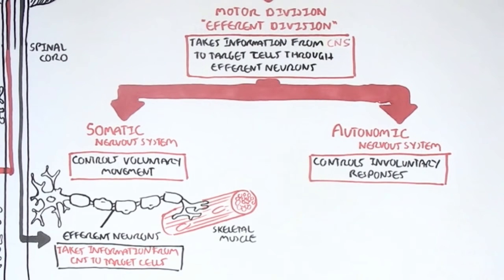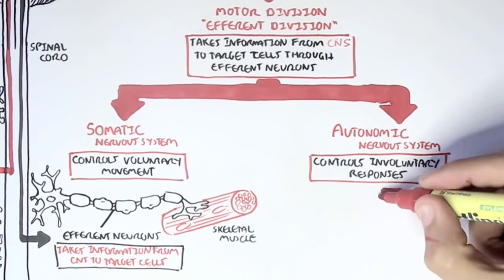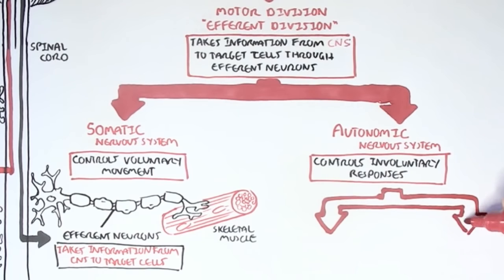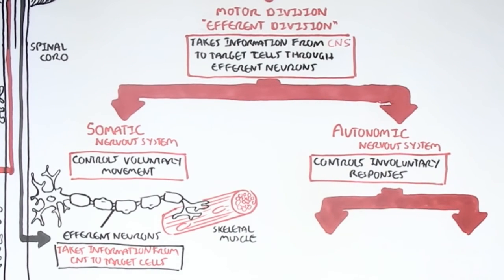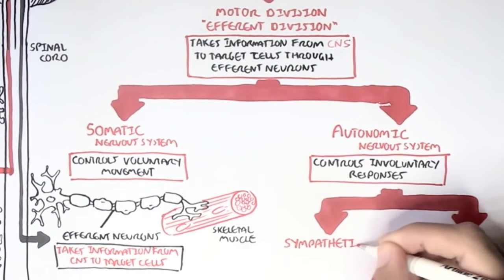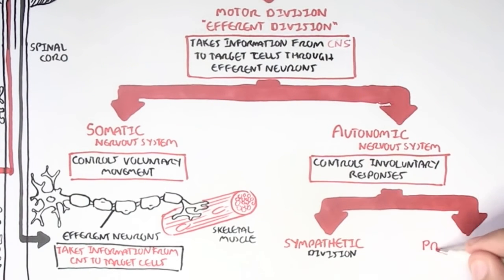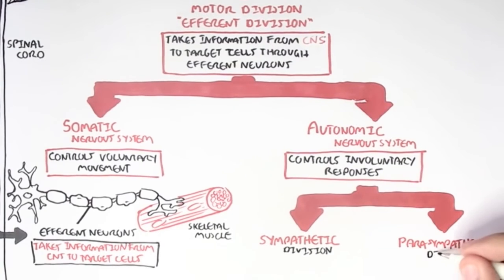Then we have the autonomic nervous system, which is the control of involuntary responses. To make this a bit more confusing, the autonomic nervous system can be further divided into two divisions: the sympathetic division and the parasympathetic division. Both the sympathetic and parasympathetic divisions are what we have no control over because they're involuntary.